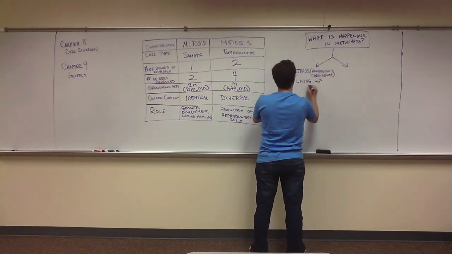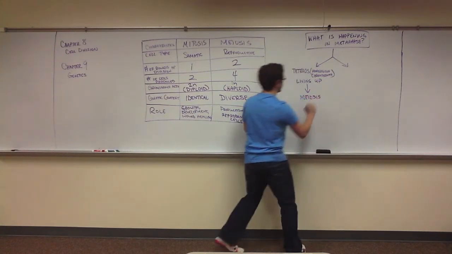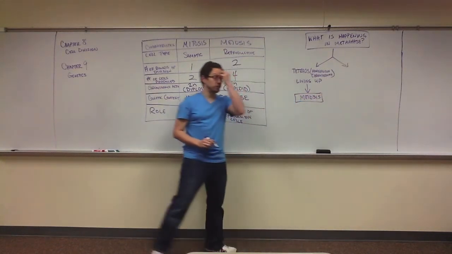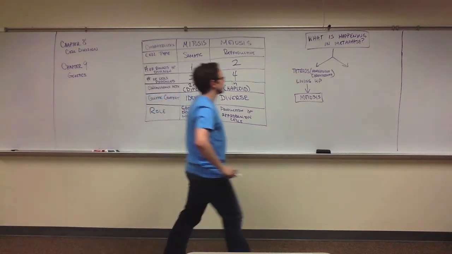If that's the case, then you're dealing with meiosis. Okay? So if you see those tetrads or those homologous chromosomes lining up at the center of the cell, then you're dealing with meiosis.